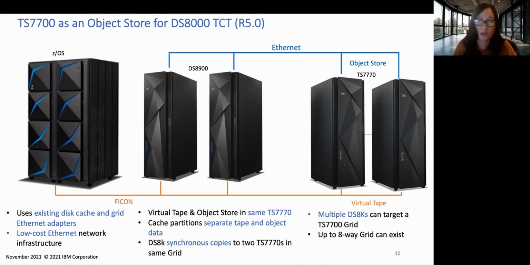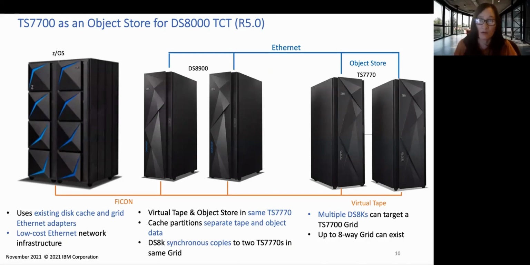The other advantage here is that as you're growing your data center systems and you need to support additional items, this provides a route for your data to travel over your lower cost Ethernet and not through your higher cost fiber channel and FICON.